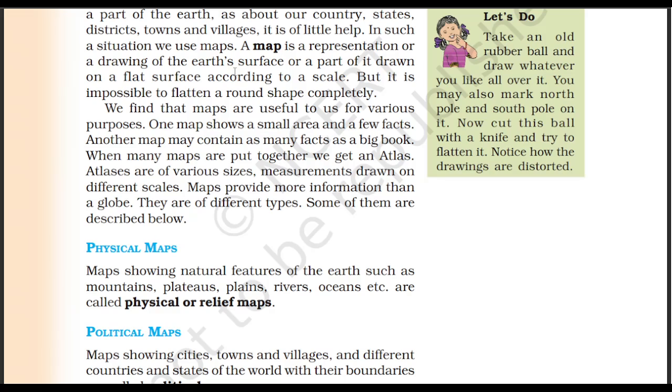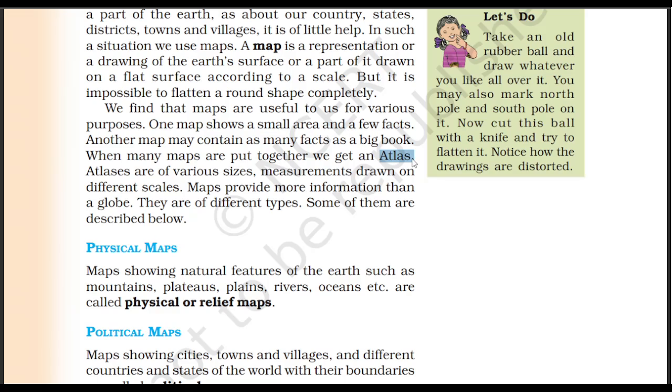Now let's go next. We found that maps are useful to us for various purposes. One map shows a small area and a few facts. Another map may contain as many facts as a big book. When many paper maps are put together, we get an atlas.